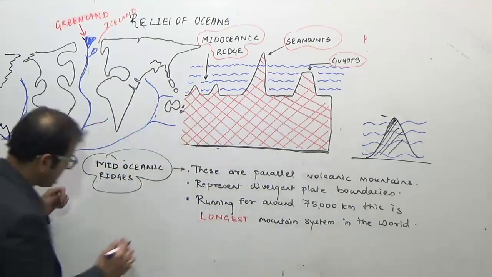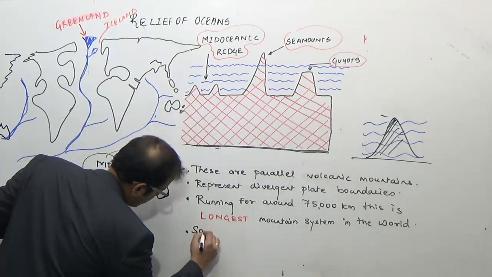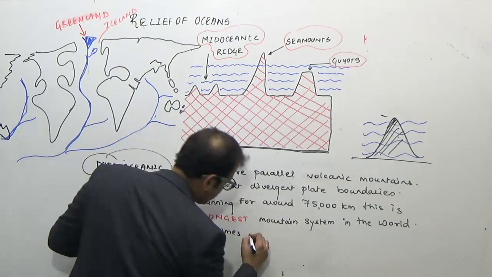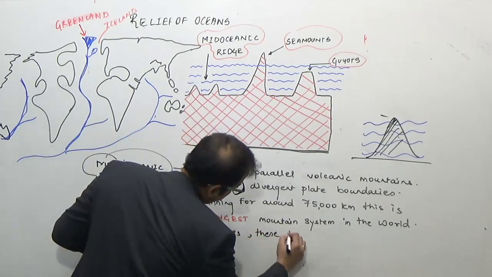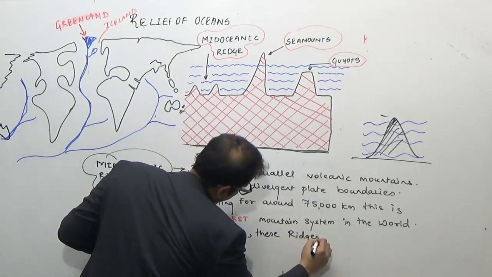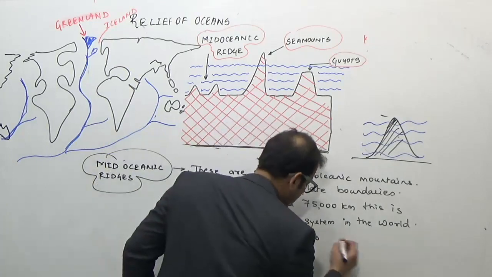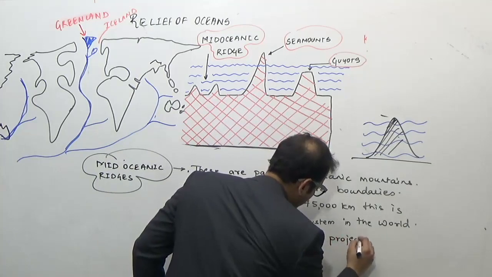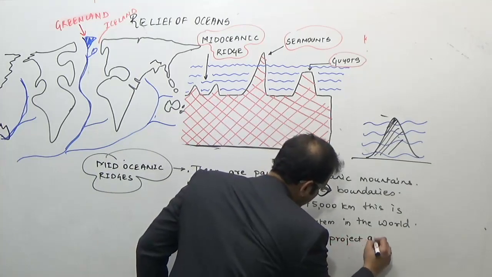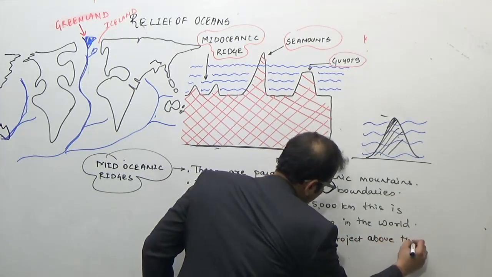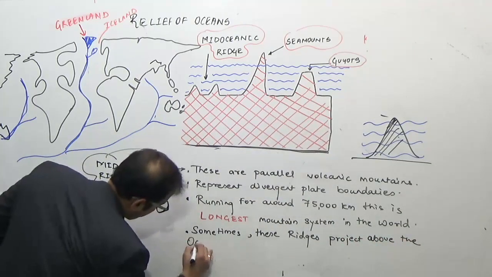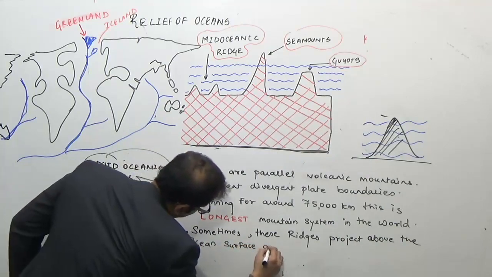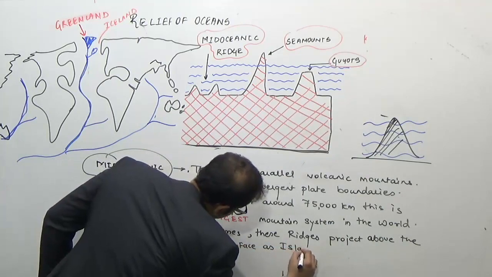So sometimes these ridges are projected above the ocean as islands.